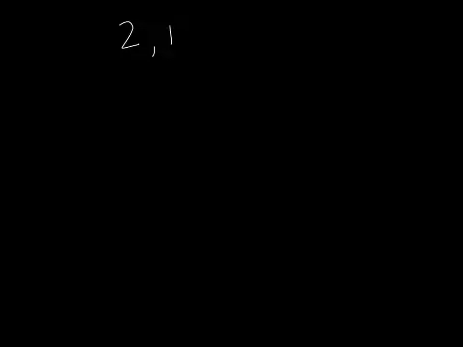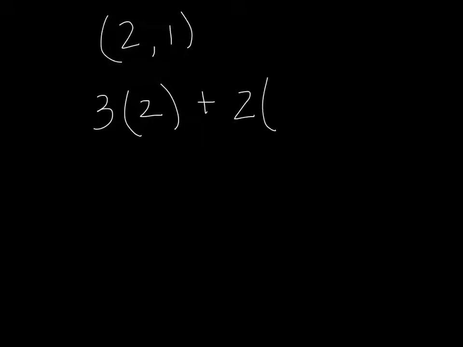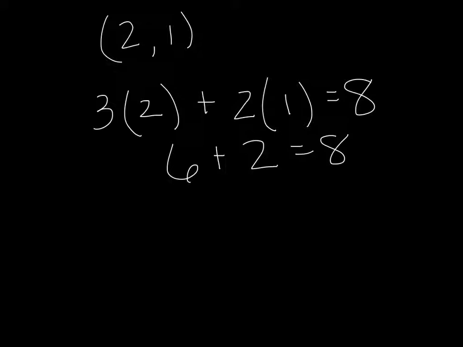2, 1. My first equation was 3x when x is 2 plus 2y when y is 1. That's supposed to equal 8. 3 times 2 is 6 plus 2 is 8. That checks out.